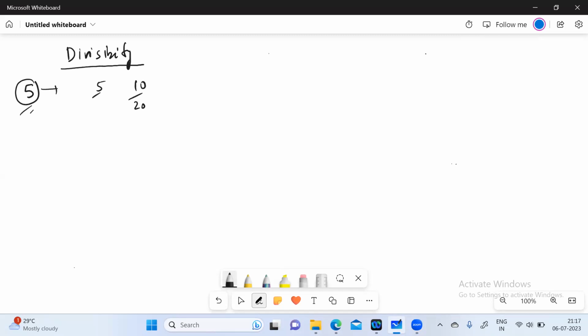And also, if there is a 5 at the last digit, then this number will also get divided by 5. So for 5, it's very simple, like 2, 5, 8, 9, 5. If this is the number, we'll divide it like 2, 5, 8, 9, 0 plus 5. This also gets divided by 5, this also gets divided by 5, so the entire number will get divided by 5. So it's quite easy for 5.